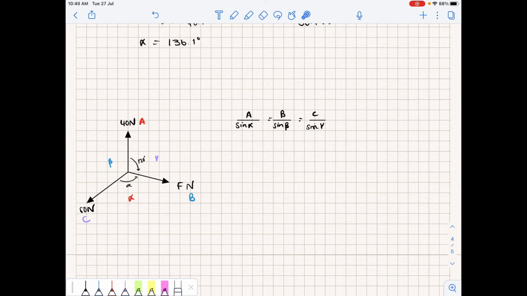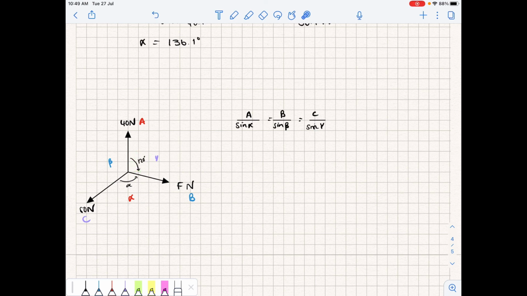Okay. So to solve for alpha, we're going to look across, and we see we know the magnitude of the force across from the angle. Then we look around at the other forces, and we see we have a force and an angle as well.